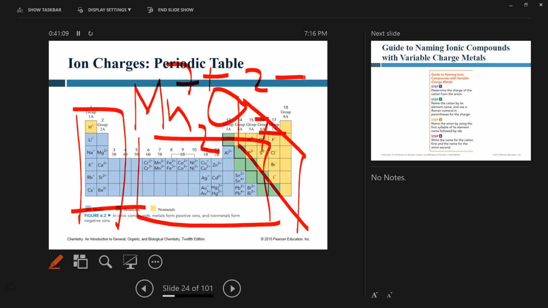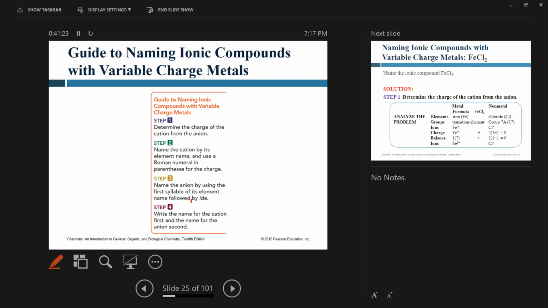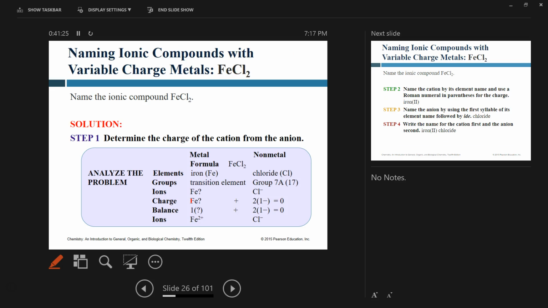So, when you see something like manganese with +2, +3, those are the most common ones. But there are many other cations that these can form. This guide here tells you how to do that. So, iron forms a compound with chlorine.